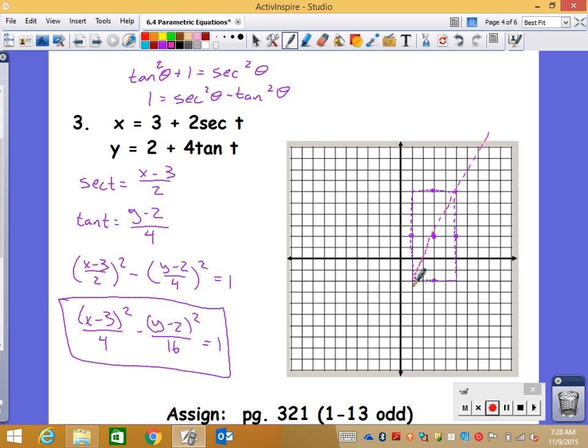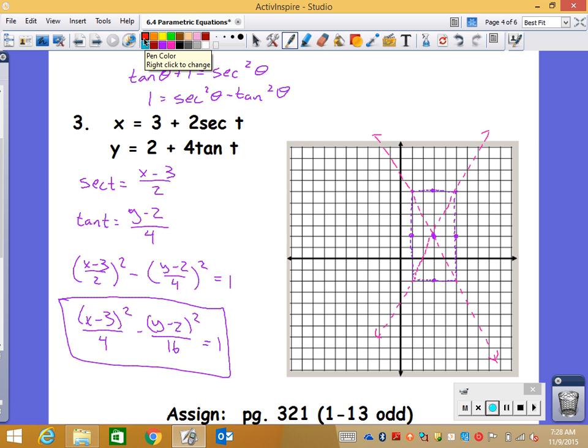I'm going to extend them out. Make these diagonals. Those are my asymptotes. Those are the lines that my graph is not going to cross.